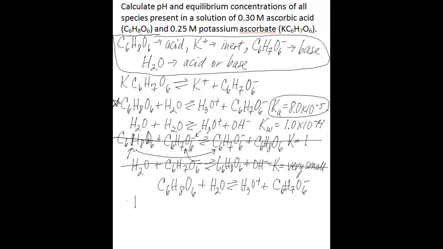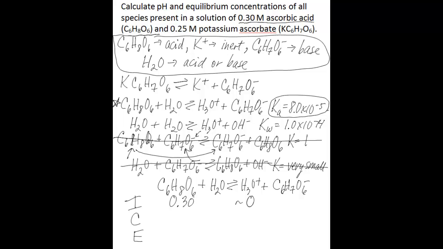Then we have our three rows: the initial concentrations, the change in concentrations, and the equilibrium concentrations. So we're given, as part of this problem, that we start with a 0.30 molar solution of ascorbic acid. So the initial concentration of ascorbic acid will be 0.30. The initial concentration for the hydronium ion is approximately equal to 0.